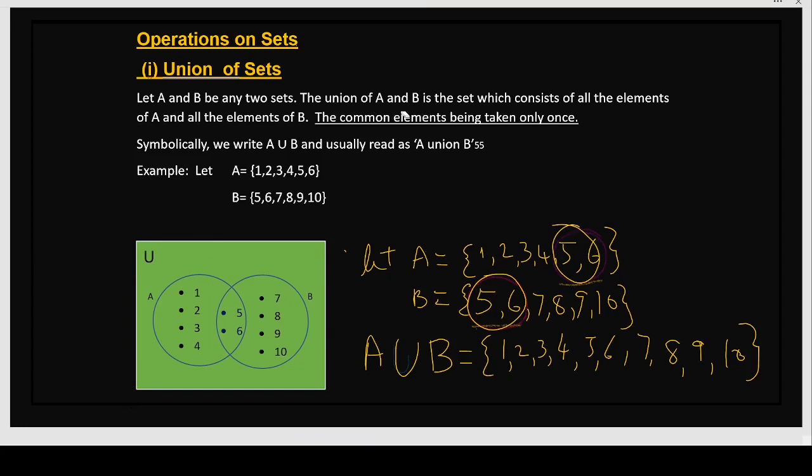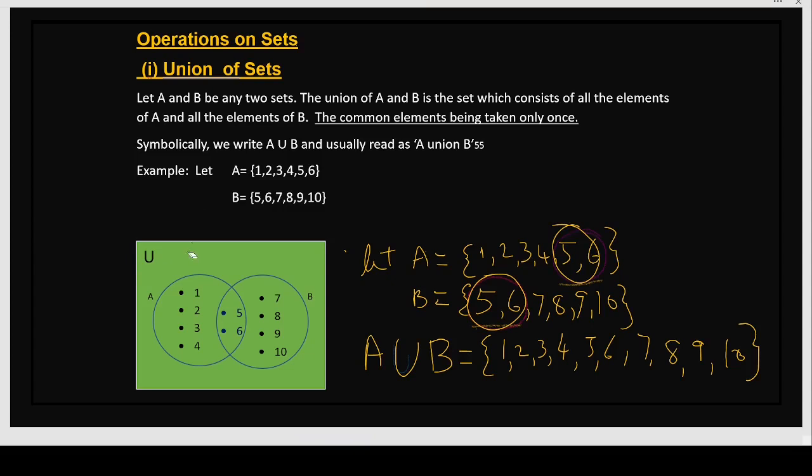The union of A and B is the set which consists of all the elements of A and B put together. The common elements are written only once. Symbolically, we write this as A ∪ B, usually read as A union B.